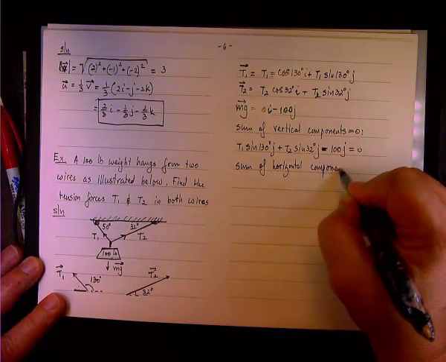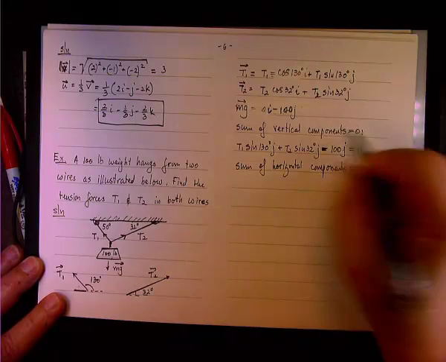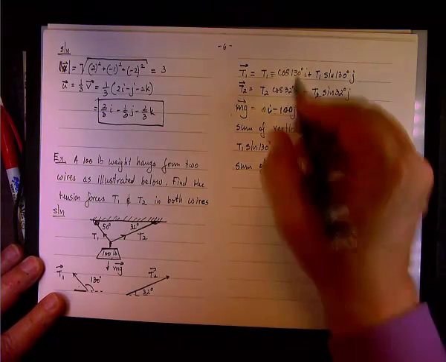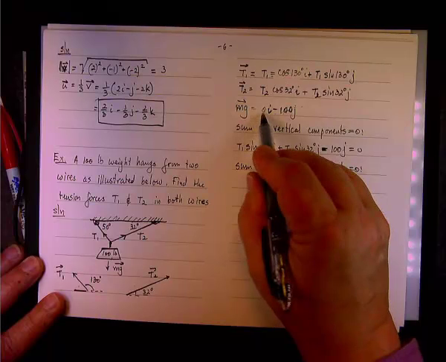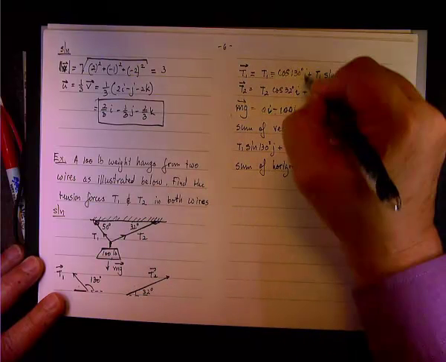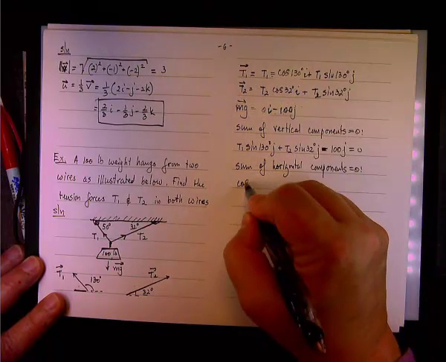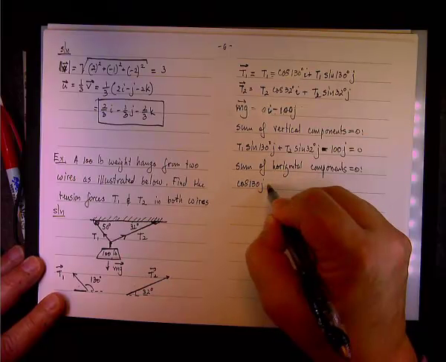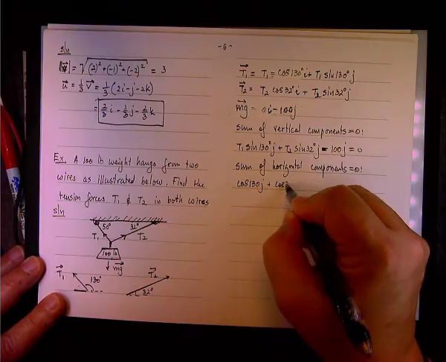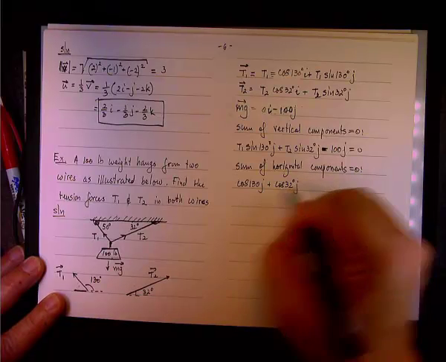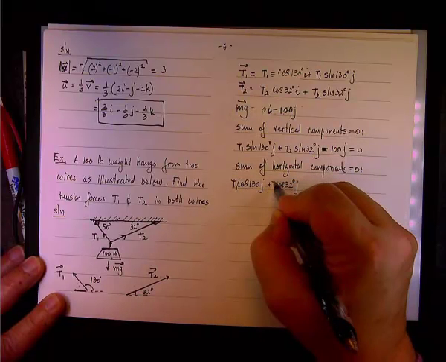And the other, the sum of the horizontal components, is 0. So for the horizontal components, we have only two because the weight has 0 horizontal component.